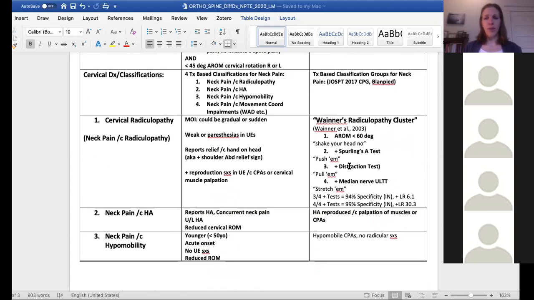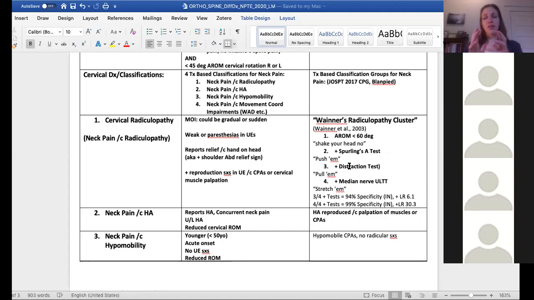As we talk about neck pain and different causes of neck pain that are musculoskeletal, we want to think about one of the proposed classification systems in the literature, which is a treatment-based classification system for neck pain. We'll find in the lumbar spine that there's a similar treatment-based classification. What this does is say that if we can group a set of impairments with this particular individual, we know this person's coming in with neck pain, but there are these specific impairments that may lead them to respond more positively to a certain set of selected treatments.